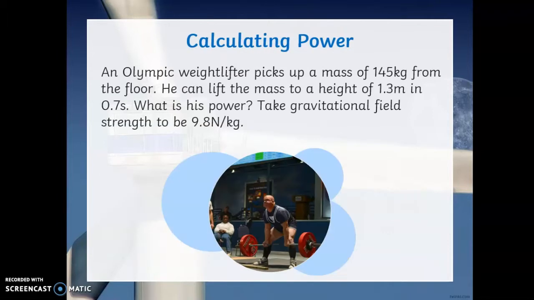Okay, so here is an example. If you have a weightlifter that picks up a mass from the floor to a certain height, what would his power be? Now you've got to remember the equation for gravitational energy to answer this question.